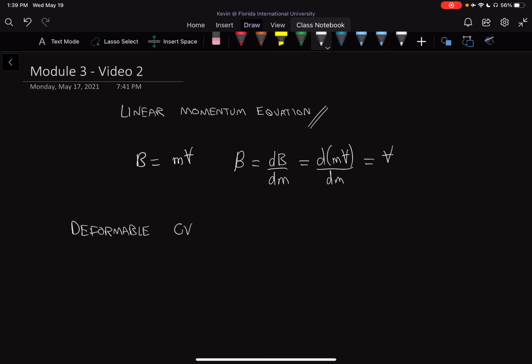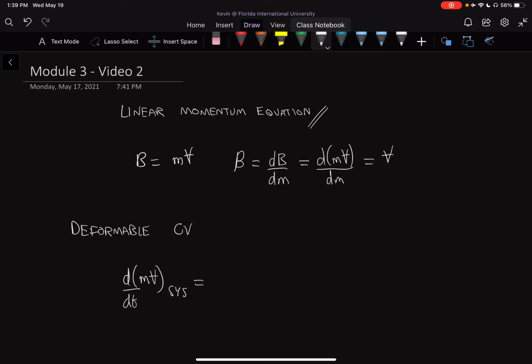We can say that d(mv)/dt for the system is equal to the sum of the forces.